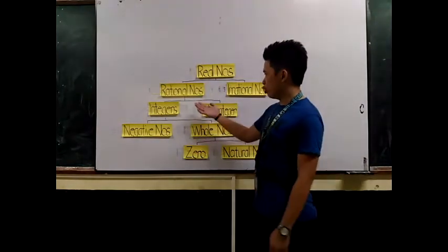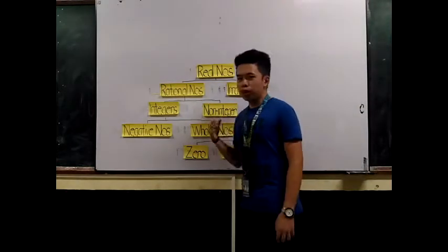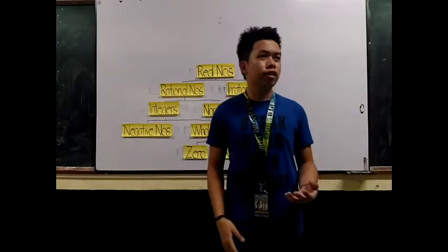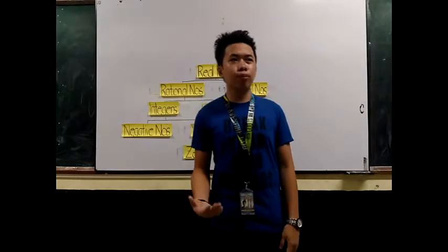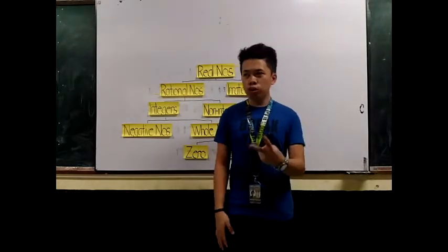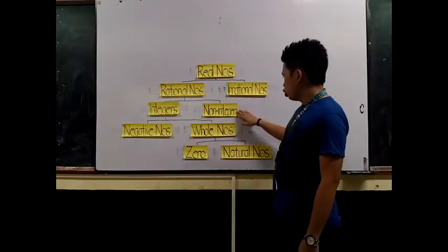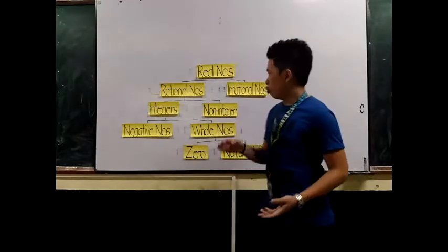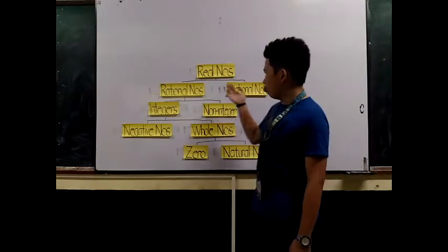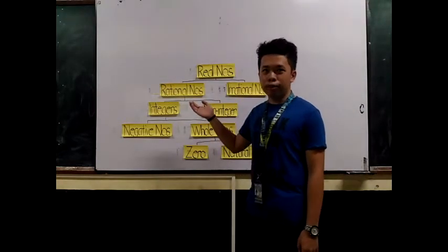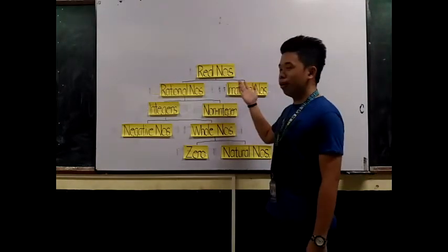These are rational numbers. But what if you cannot express these numbers as a ratio of two integers? We call them irrational numbers. Some examples of irrational numbers are pi, the square root of 2, the square root of 3, and many more. Rational numbers and irrational numbers, as I said, make up the set of real numbers.